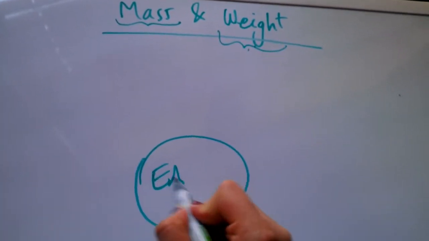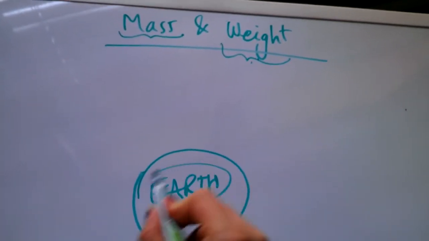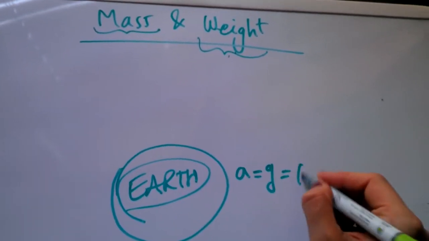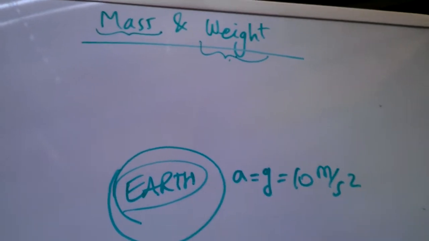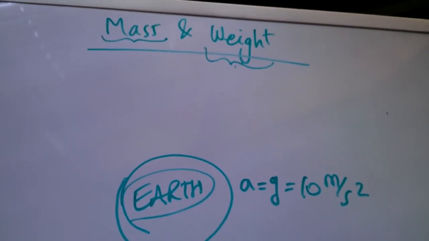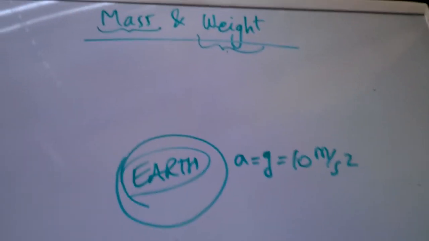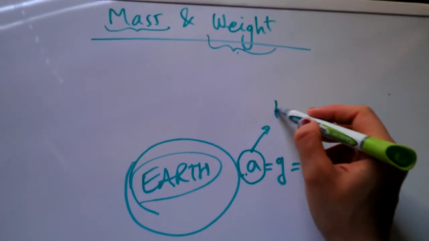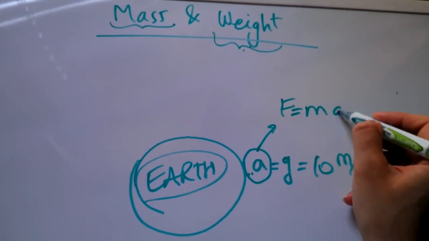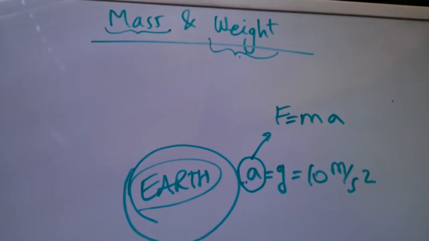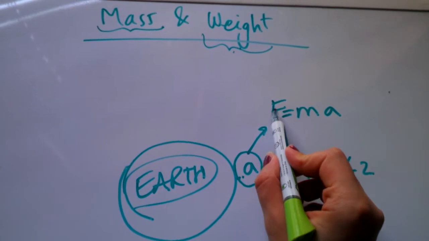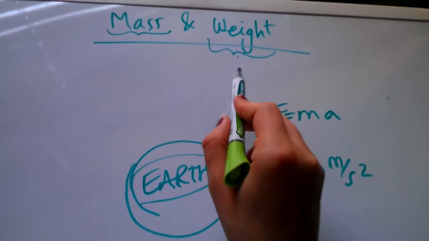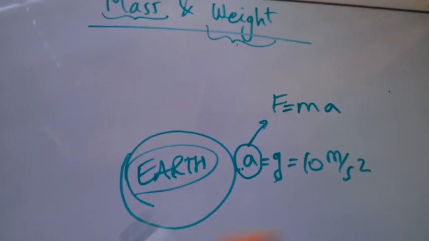So we live on Earth, okay? Because of Earth, we know that acceleration due to Earth is 10 meters per second squared. Because of this acceleration, I told you, whenever there is acceleration, there is a force of m times that acceleration. Now, force that is directly related to the acceleration due to Earth is called weight. It's that simple, right?